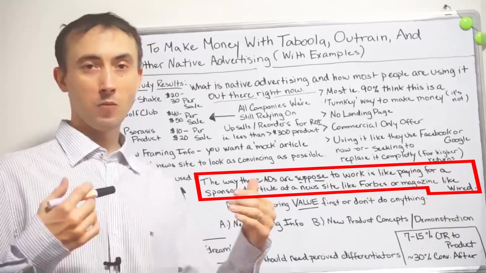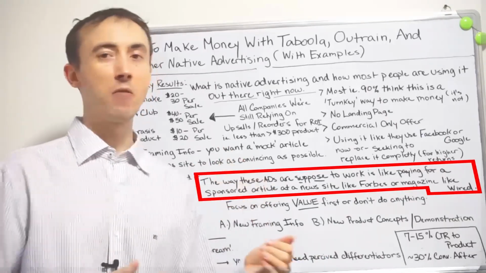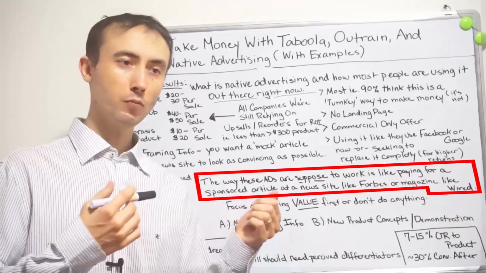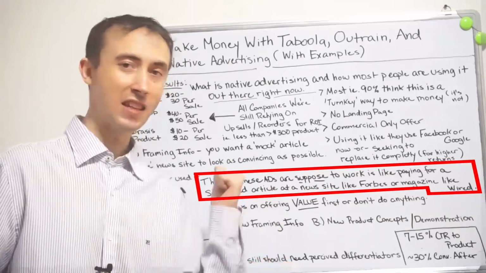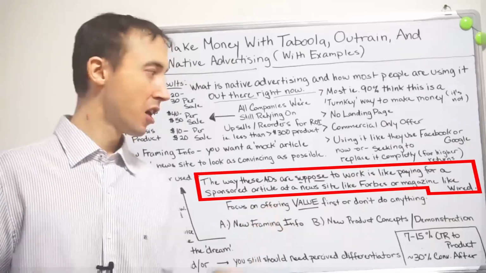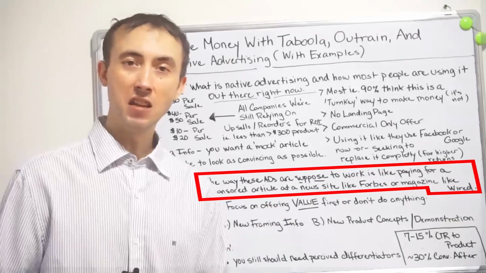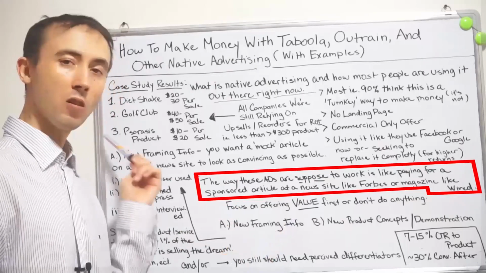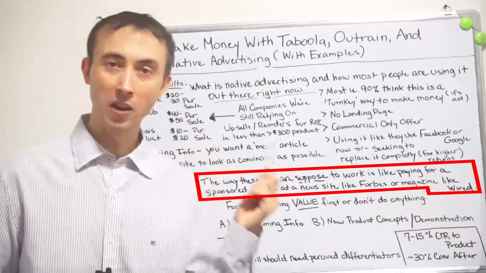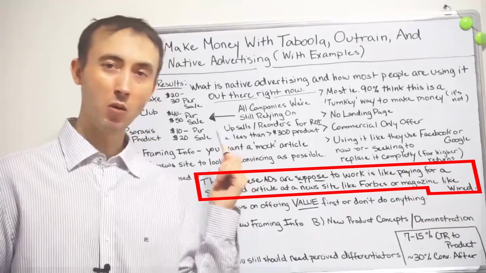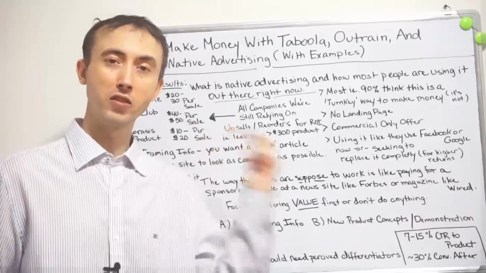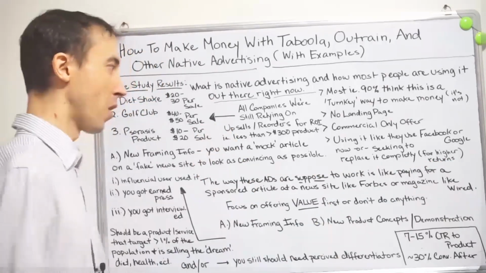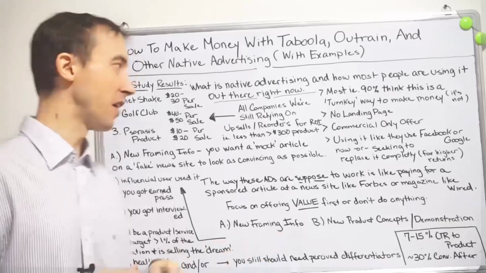I had a situation in South Africa where we were selling burial insurance, which is not a new concept in the US, but it was a new concept in South Africa at the time. So an article that talked about it worked well, whereas in the US it's not going to work, specifically because the cost of the traffic is also too high for the most part. So different things will work in different areas.